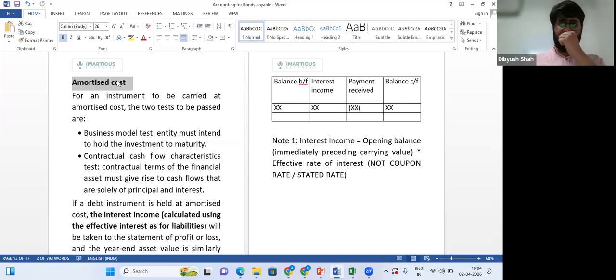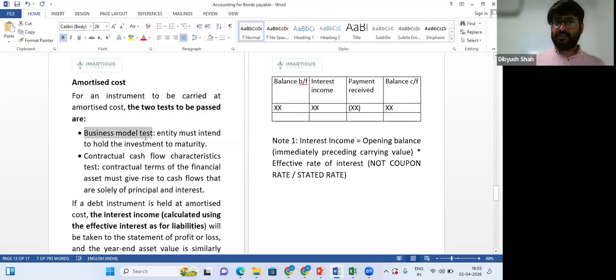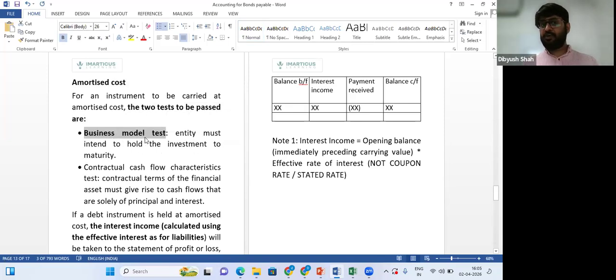Generally, IFRS 9 says for an instrument to be carried at amortized cost, two tests must be passed. First, the business model test: the entity must have the intention to hold it till maturity. And second, the contractual cash flow test: the security is such that cash flow will only have two components, principal and interest.